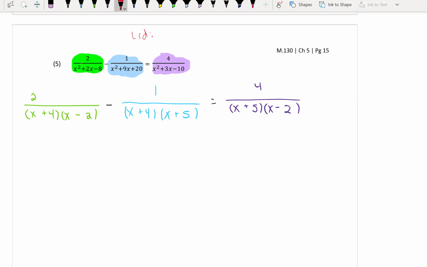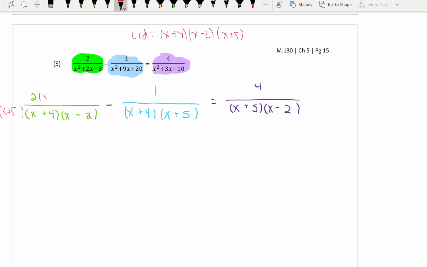So now I need to find my LCD. Well, it looks like my LCD definitely has an x plus 4. I also need an x minus 2. And it also looks like I need an x plus 5. So let's see what's missing from each fraction. For my green fraction, what is missing is an x plus 5.